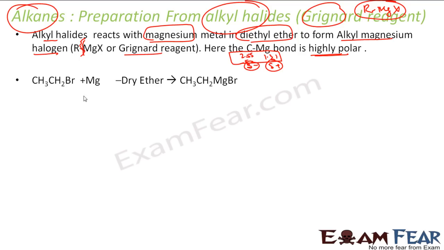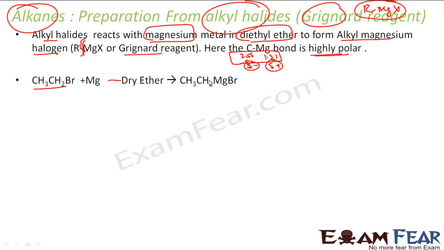So this is my reaction. I have my alkyl halide, this is my ethyl bromide. When it reacts with magnesium in the presence of dry ether, what you get is CH3CH2MgBr. Correct? This is nothing but ethyl magnesium bromide.